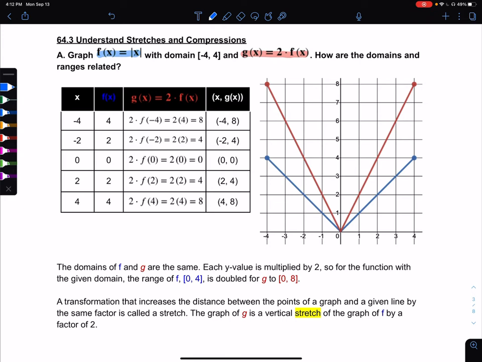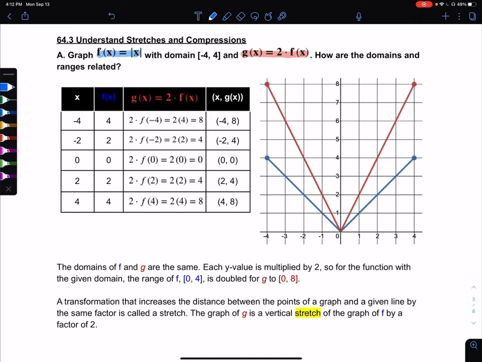On the left column here, we'll go column by column, we have our x values, and those are the x values that we plugged in to find f of x.